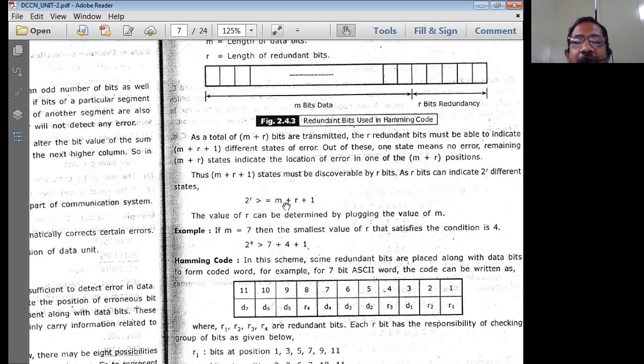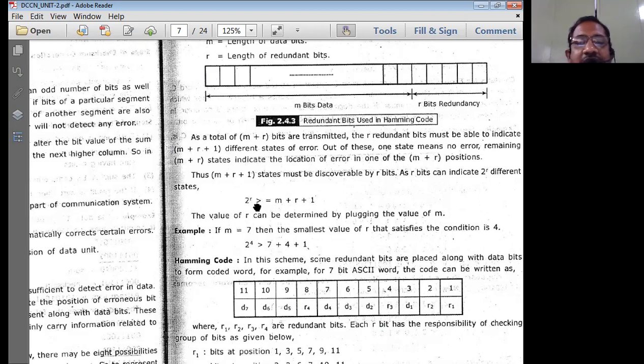So m plus R plus 1 has to be there. And the possibilities are going to be how many? 2 power R should compulsorily be greater than or equal to this number. Then only you can take that many redundant bits for error correction. So we'll take those extra bits for error correction, called redundant bits.